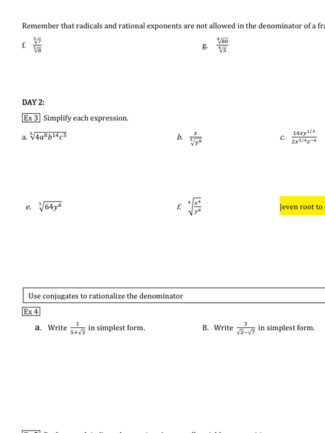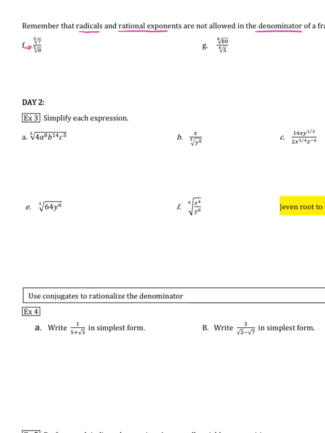Okay, so it's going to get a little more difficult on this side. Remember, you're not allowed to have a radical or a rational exponent in the denominator. So before, we would rationalize by multiplying top and bottom by that radical that was in the denominator. Now that we have a higher power for our roots, it's going to affect how we rationalize the denominator.